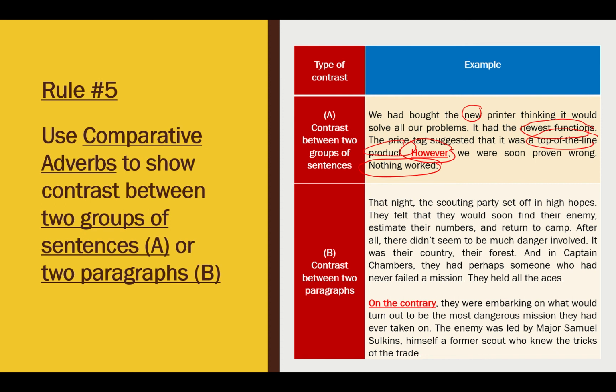They held all the aces. On the contrary, they were embarking on what would turn out to be the most dangerous mission they had ever taken on. The enemy was led by Major Samuel Salkins, himself a former scout who knew the tricks of the trade. So, as you can see here, you can use a comparative adverb at the beginning of a new paragraph to show opposing points to the previous paragraph.